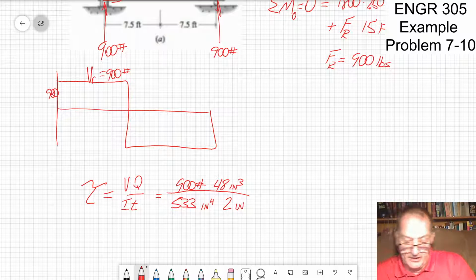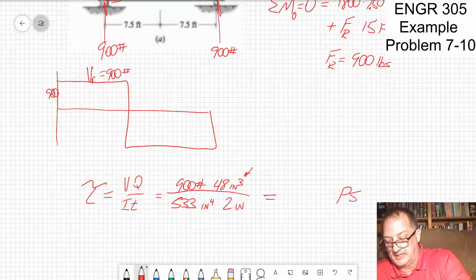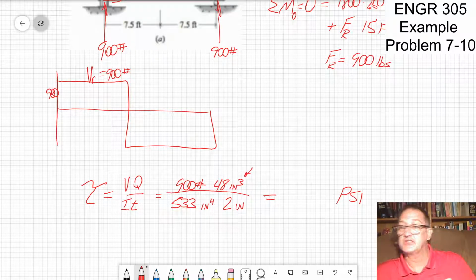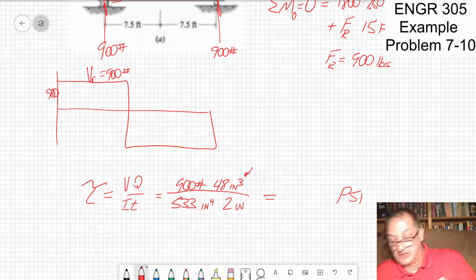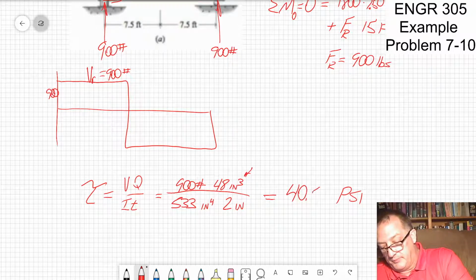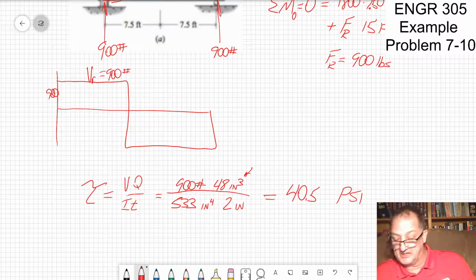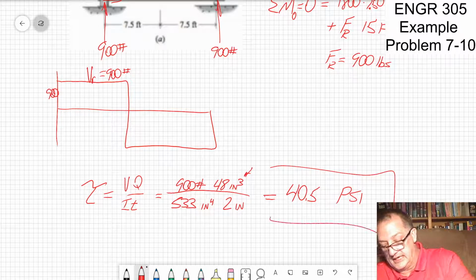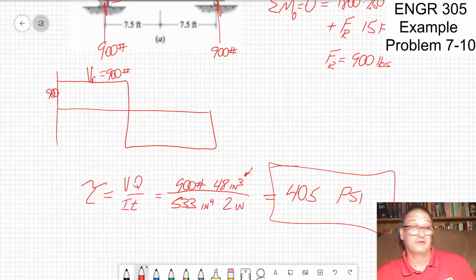You can see my units work out. I've got inches to the third on top and inches to the fifth on the bottom, so I'm going to come up with PSI, and then I just have to do the math. It's going to give me 40.5 PSI. Not really a ton, actually, for shear stress. It's really, really low.